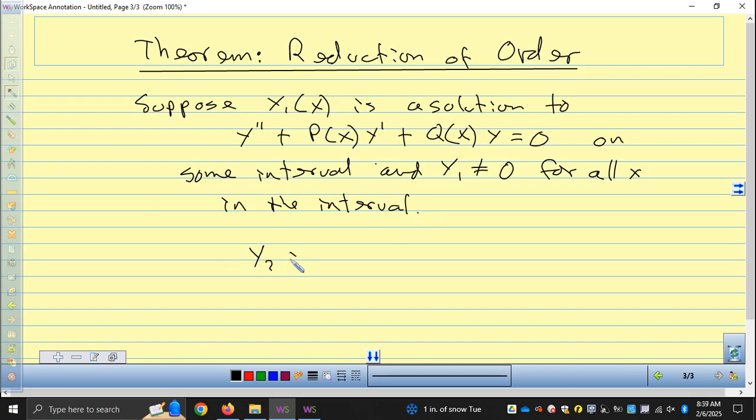Then y2 of x, here's our formula, equals y1 of x times that integral that we just talked about: the integral of e to the negative integral of p of x dx divided by y1 squared of x dx, and then we have a constant of integration implied in there. This is a second solution.